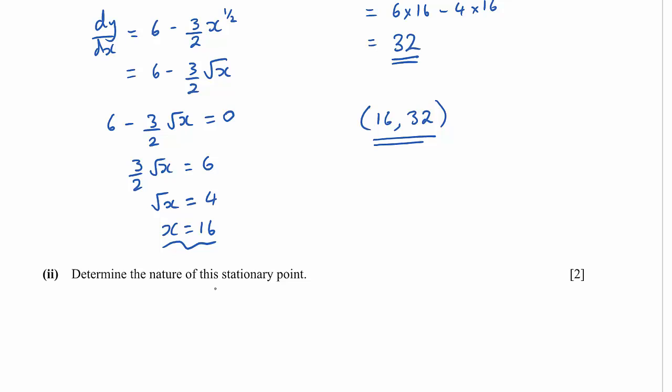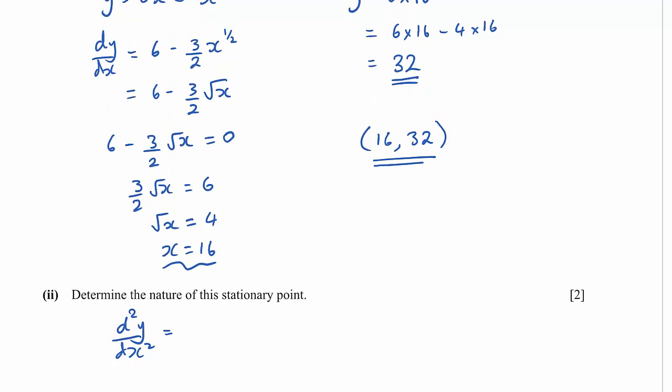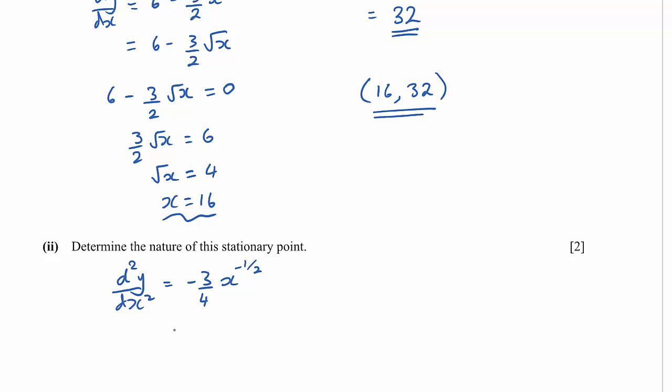Now we want to determine the nature of the stationary point. So we might be able to do that using d2y dx squared, the second derivative. So if we differentiate dy dx again, the 6 will disappear, and then the half comes down and multiplies, so we get negative 3 over 4 x to the negative a half, which is negative 3 over 4 root x.